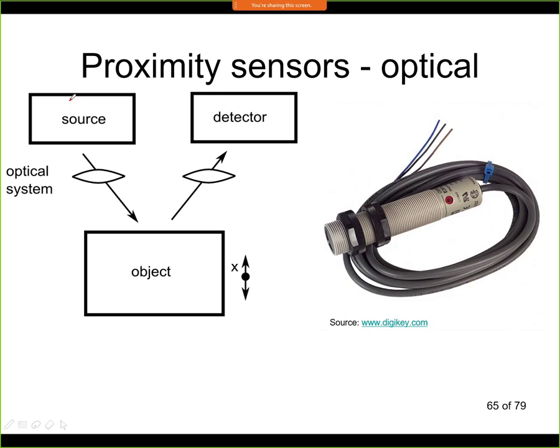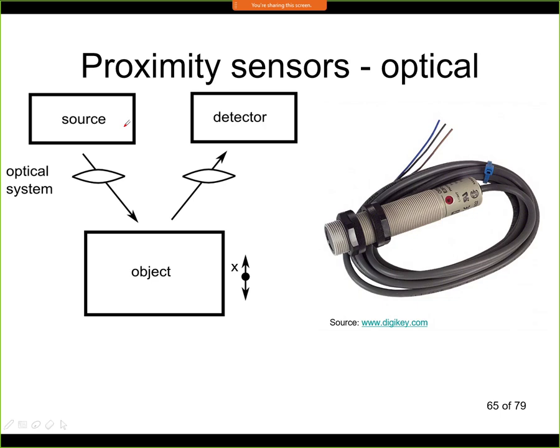We need a source of light. I will say light, but typically we do not use visible light, but we use infrared radiation. So it's based on near infrared, somewhere like 880 nanometers, 950 nanometers.